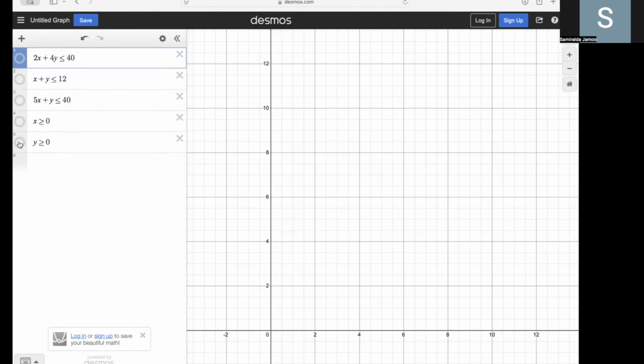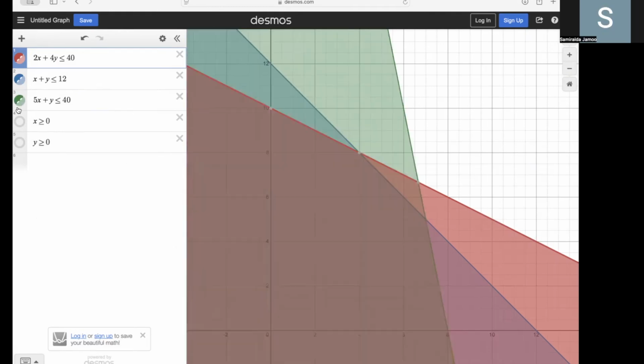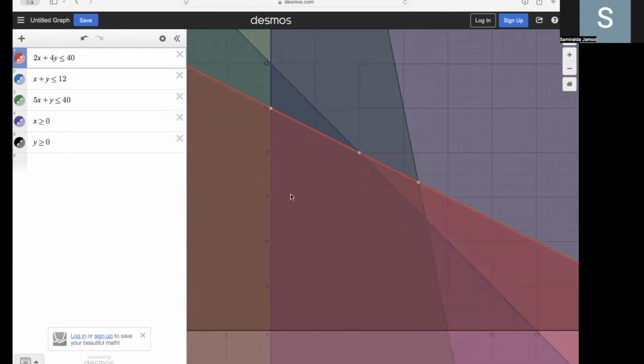Okay, so let's graph our inequalities. I have them typed in here already. I am going to turn these on. And I want the area where everything is true. So it's this polygon right here.